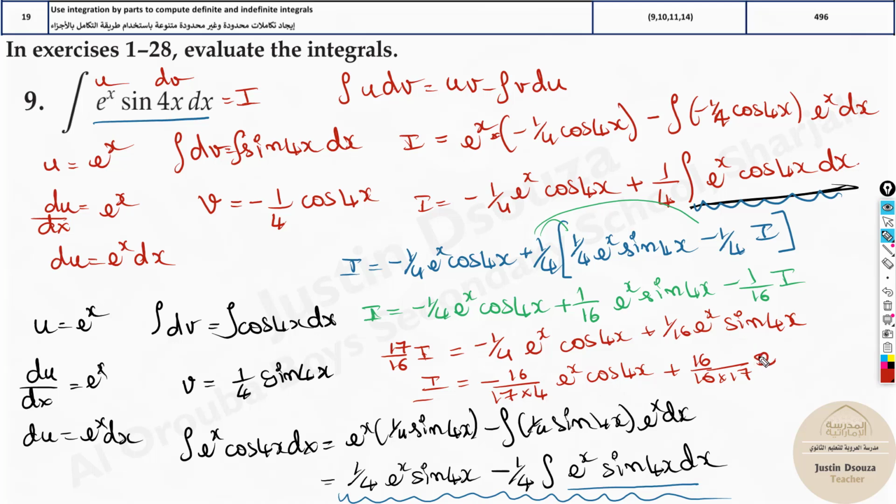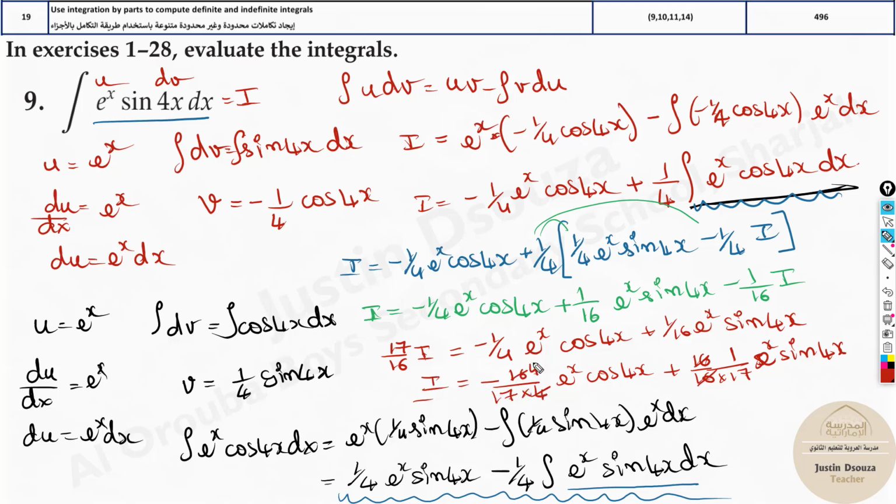And we have over here e to the power x sine 4x. And now we can simplify this. This is going to be 1 by 17. And what's this going to be? 1 times 4 times. It's going to be minus 4 by 17. So that is the answer.